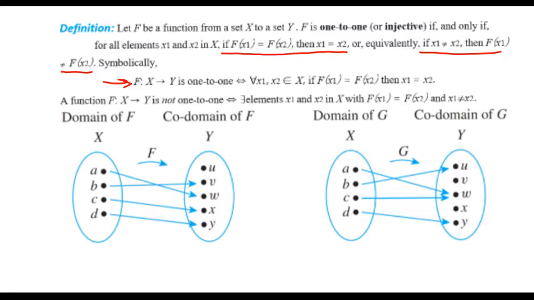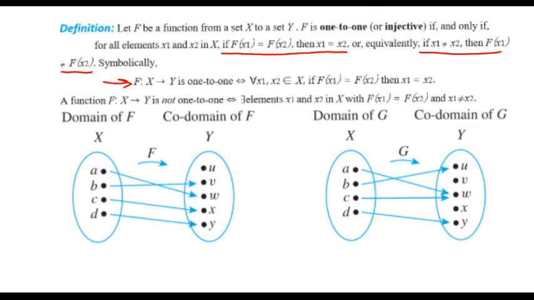Because this is a function since every element in the domain is related to one and only one element in the codomain. That's the definition of function. But it is one-to-one because there are no two elements in the domain that are mapped to one single element in the codomain.